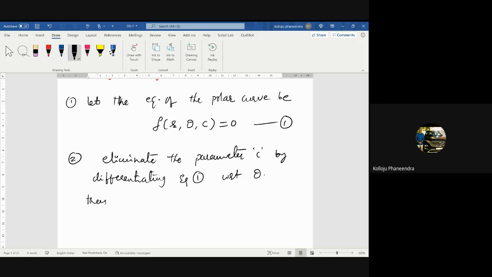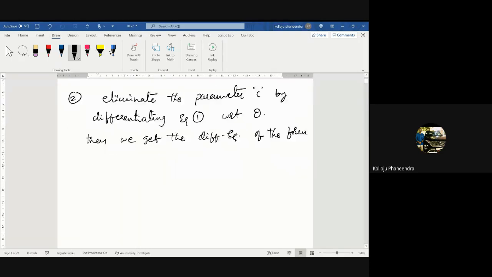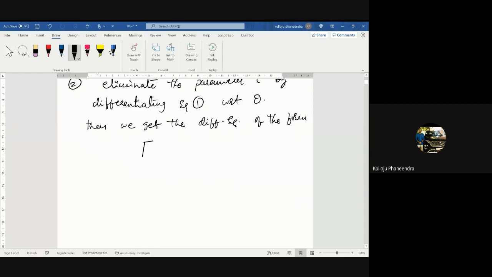Then we get the differential equation of the form capital F of r, theta, dr by d theta equal to 0, in which c is eliminated.